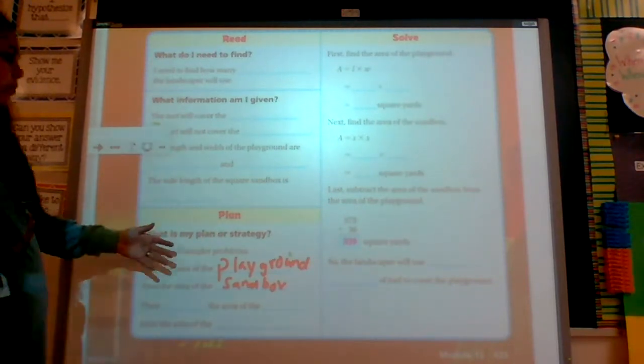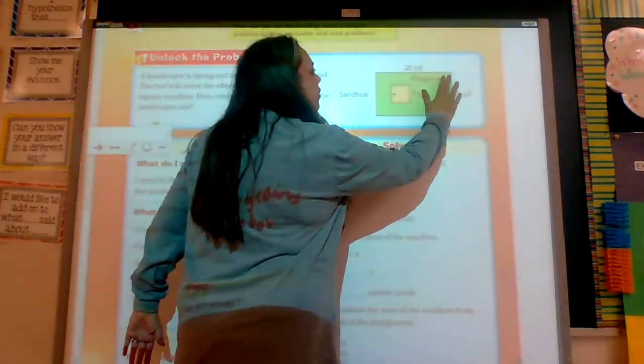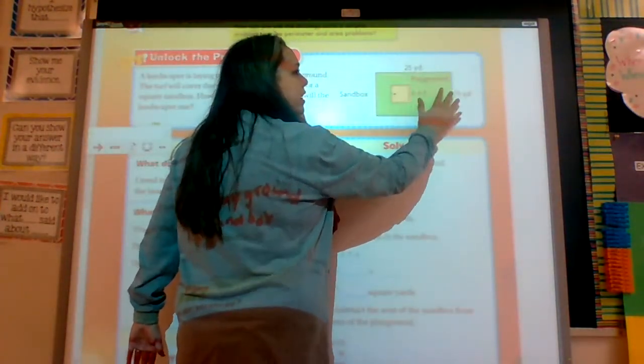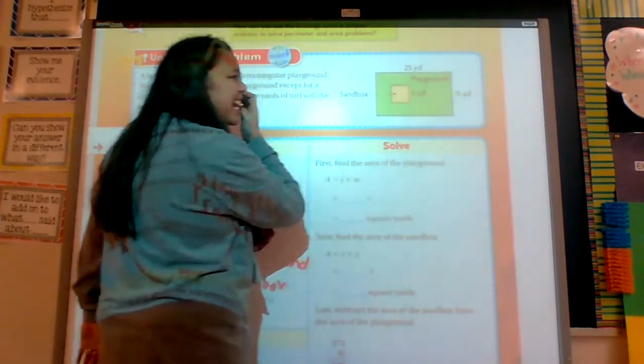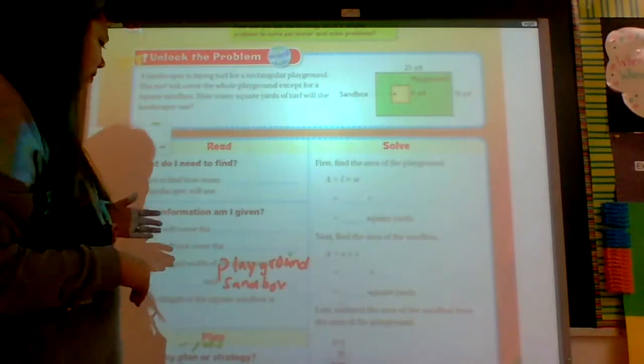Then, once I find the area of both of them, if I get the area of the whole thing, but I just want what's in green here and not the area of this, is that number going to go up or down? It's going to go down, right?